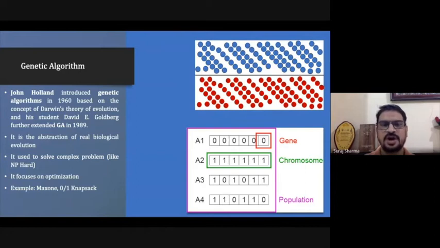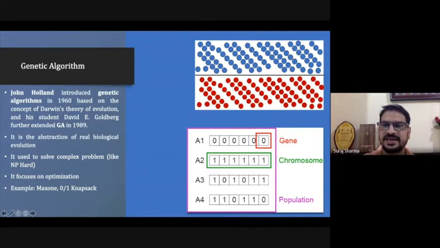That process of finding the best solution is called optimization. To get the optimized value, we use this type of algorithm, which is called the genetic algorithm. Okay, we'll see one example, the max one problem, and how we deal with it using the genetic algorithm, in the later PPTs. Now let's talk about the genetic algorithm further.